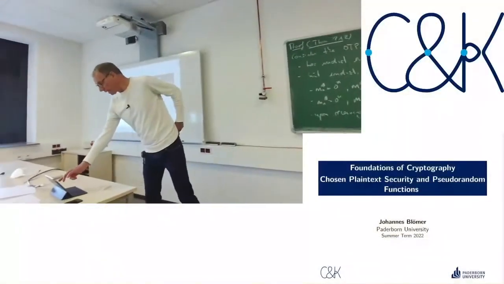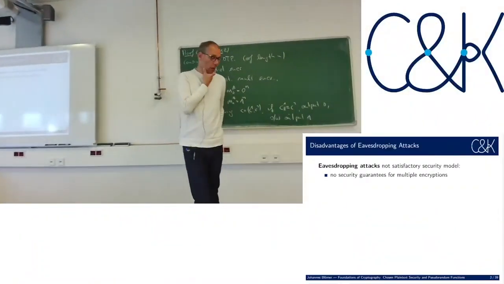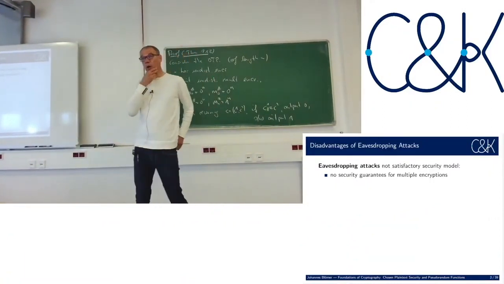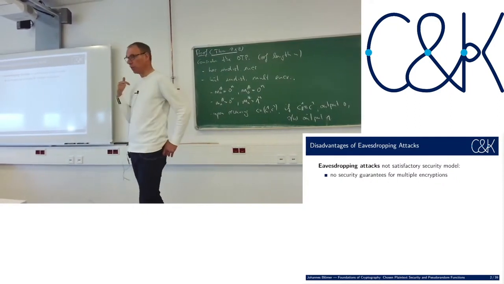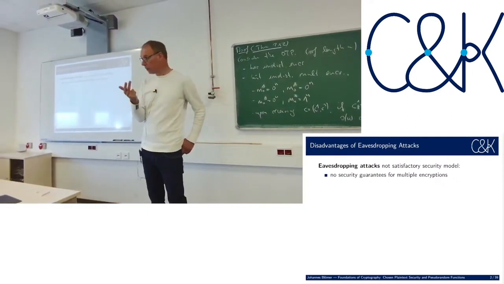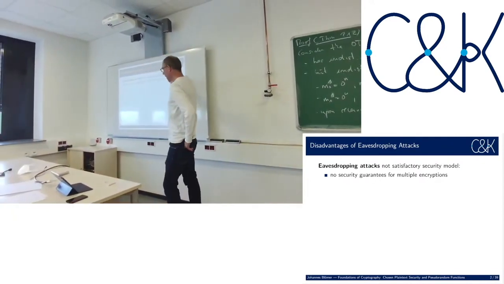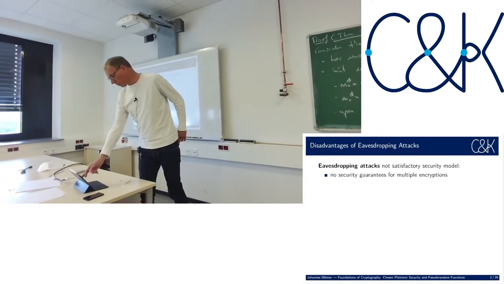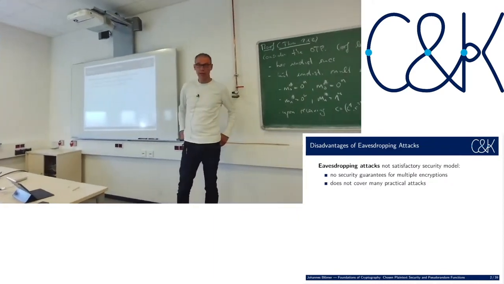So far, we looked only at eavesdropping. We looked at eavesdropping and perfect secrecy, indistinguishable encryptions, and also multiple indistinguishable encryptions. And eavesdropping attacks, well, it doesn't give you guarantees for multiple encryptions, and it does not cover many practical attacks.